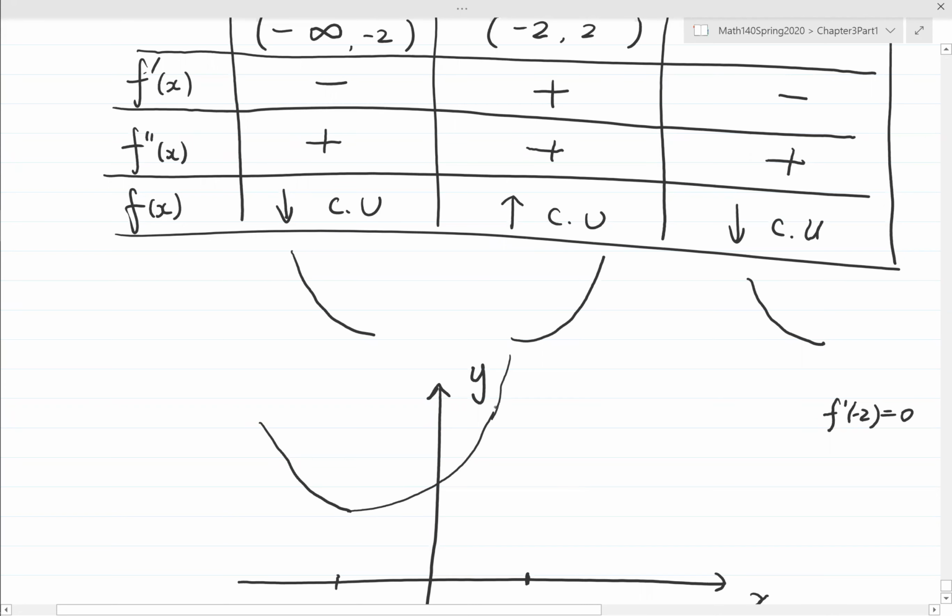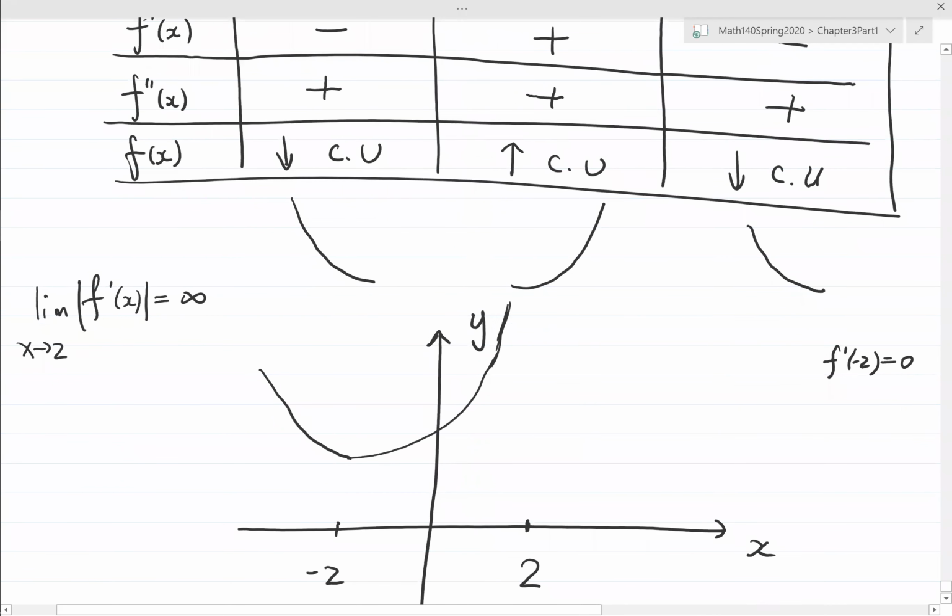Now, what does this information tell us? The limit of f'(x) as x approaches 2 is infinity. This tells us it's increasing, and the derivative at 2 is really big.